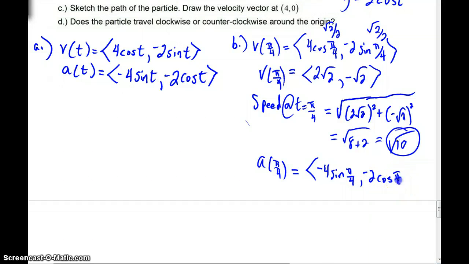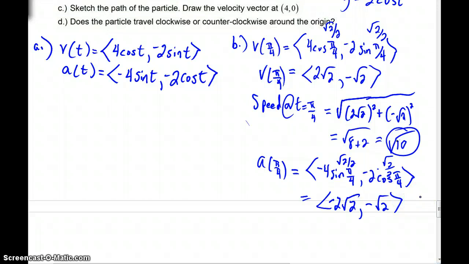So very much what we've got is, again, these are root 2 over 2. So you could see that this is negative 2 root 2. Negative 2 times root 2 over 2. The 2's cancel out. You just have a negative root 2. So that's your acceleration vector.